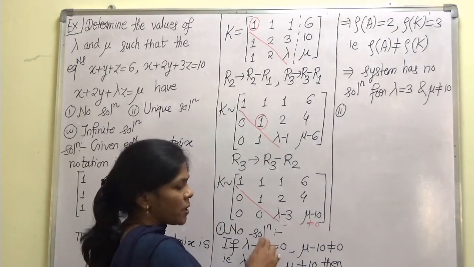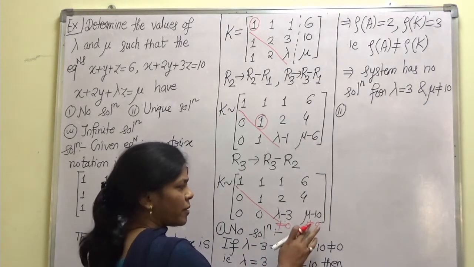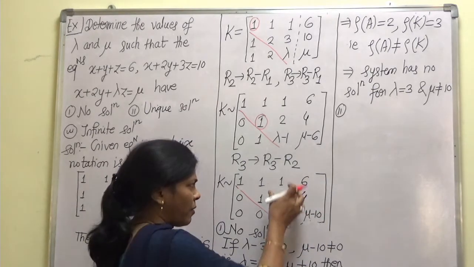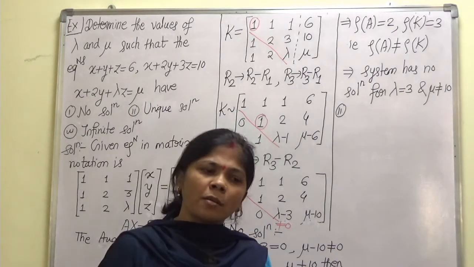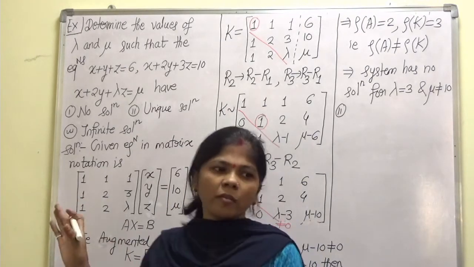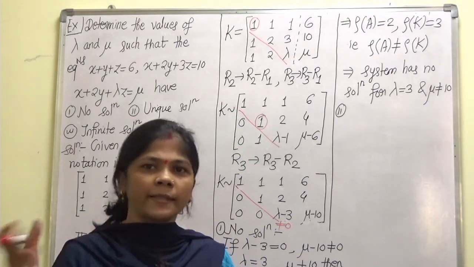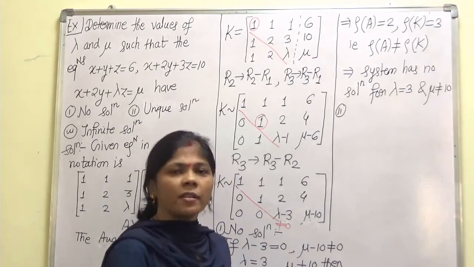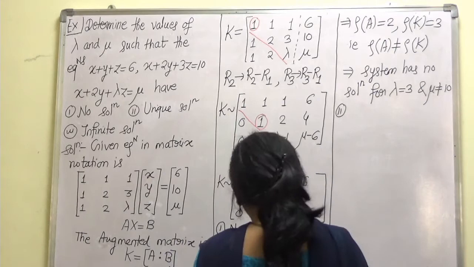If this element is non-zero, and whatever this may be, 0 or non-zero, nothing to do, because whenever rank of A comes out to be 3, rank of K has to be 3 because K involves A. So whatever the rank of A, that much must be the rank of K. It may exceed in an exceptional case, but here it cannot exceed because we have only 3 rows.